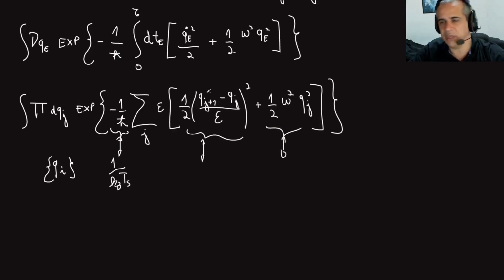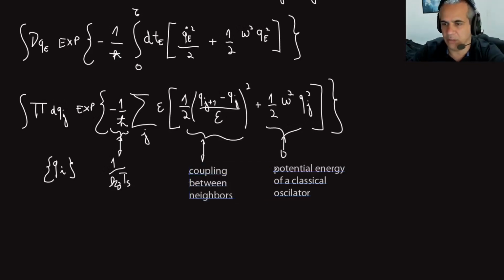You have to be careful about calling this a kinetic energy, because as we see here, there's no time anymore. I have been calling it kinetic energy by analogy, but this is really a coupling between neighbors, and this is the potential energy of a classical oscillator. So what is being described here is really this lattice of a system of quote-unquote oscillators.